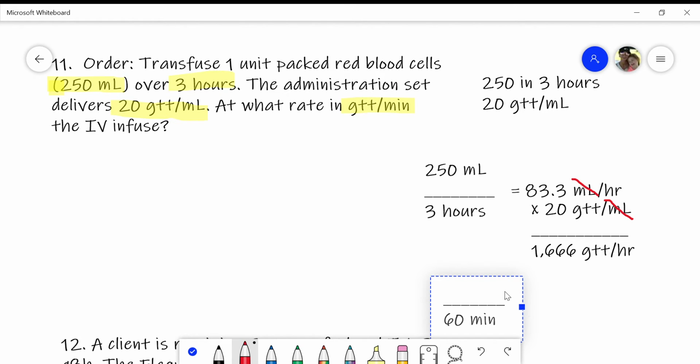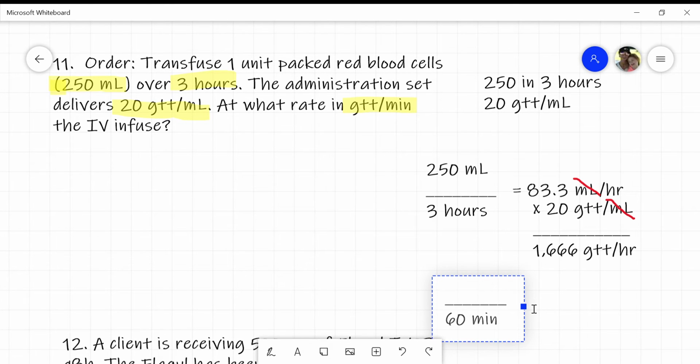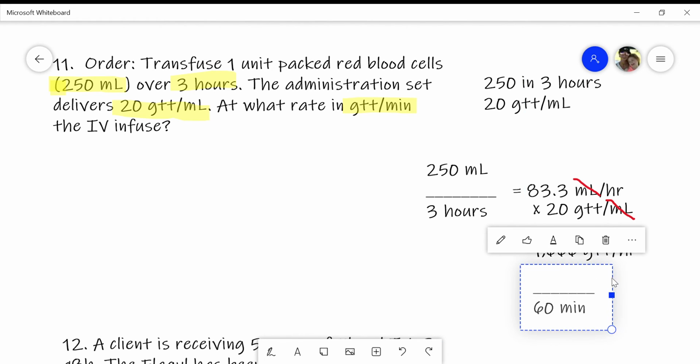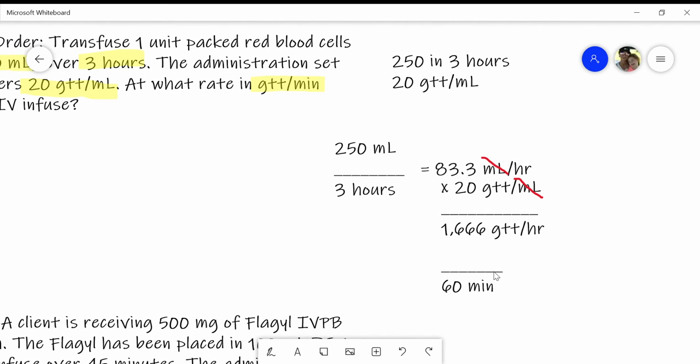Oops, that's what's wrong. Move my box. There we go. Well, it's not wanting to work with me today. There we go. All right.